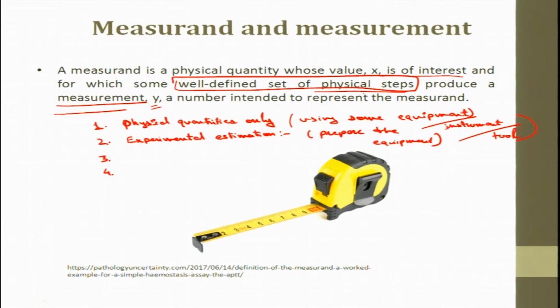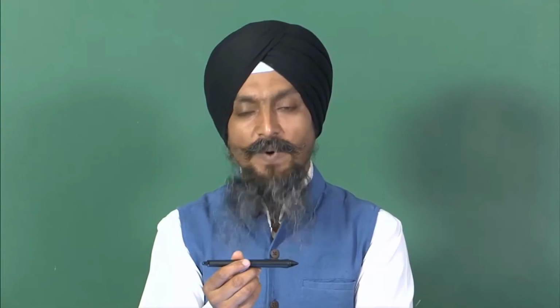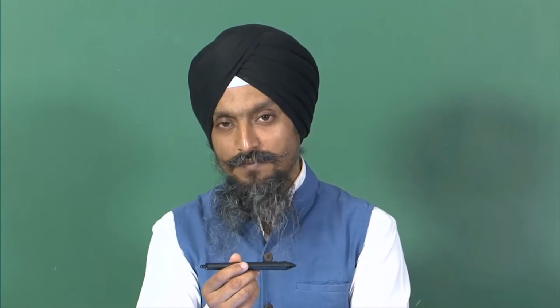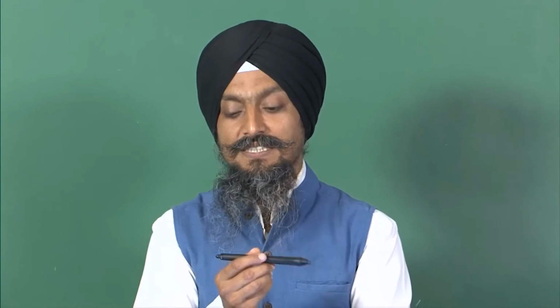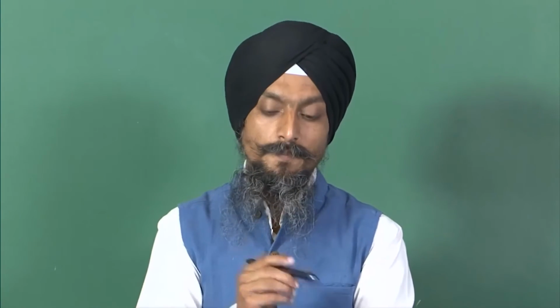For instance, sometimes the expert assessment is there. An expert can say, okay, I think this is about 1 feet. But when we are talking about measurements, we are talking about the quantitative data. Mostly we are dealing with quantitative data, it might be qualitative as well. So, in that case, there has to be some equipment.